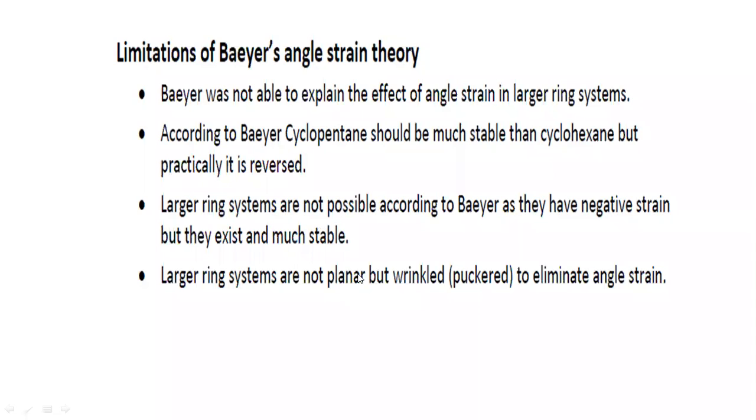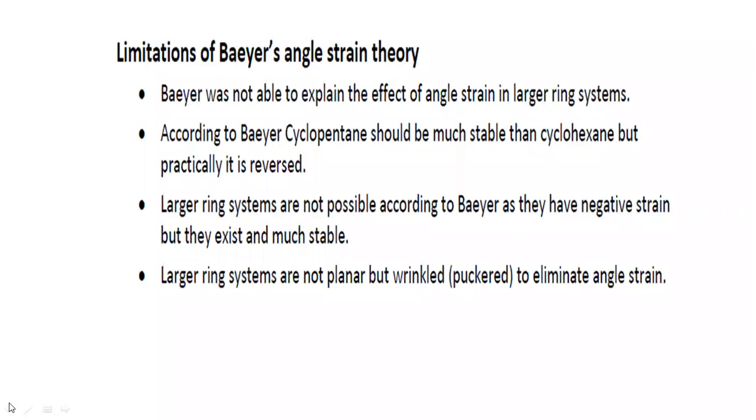The angle strain is negative, -5. So he is also unable to explain these negative values with respect to the higher cycloalkanes. Larger ring systems are not planar but puckered to eliminate the angle strain. So he is unable to explain the angle strain with respect to higher alkanes. These are the limitations of Bayer's strain theory.